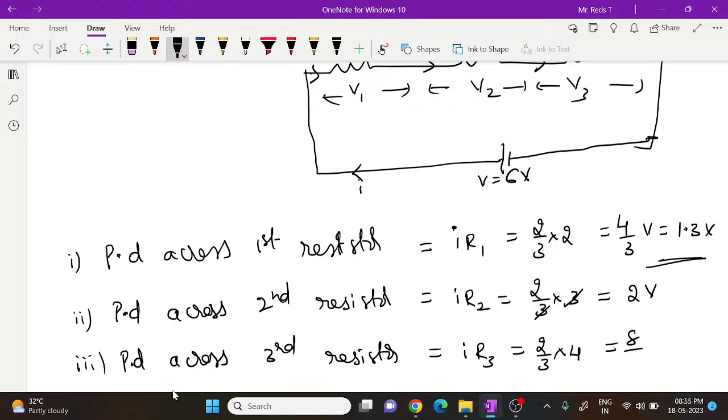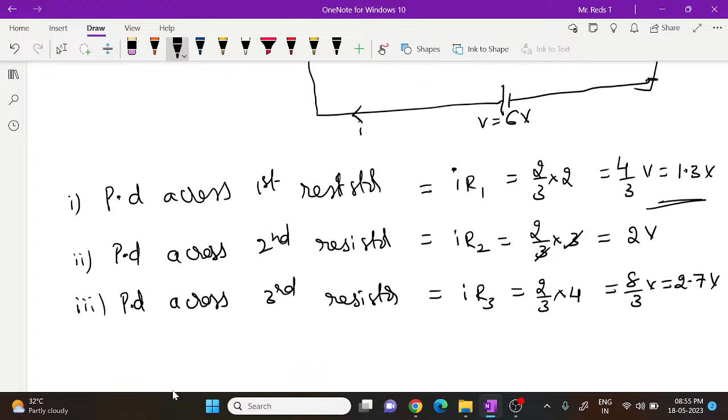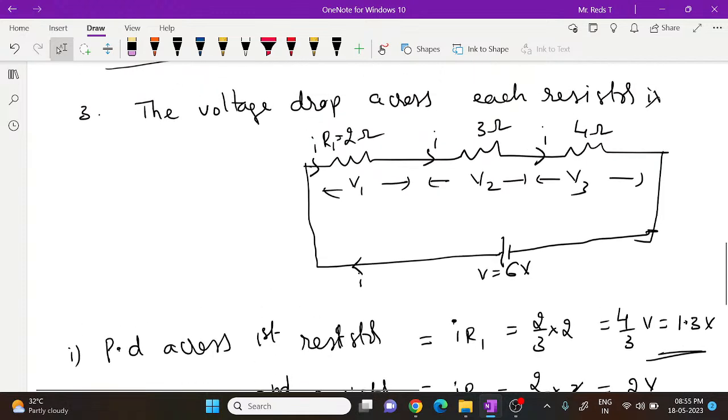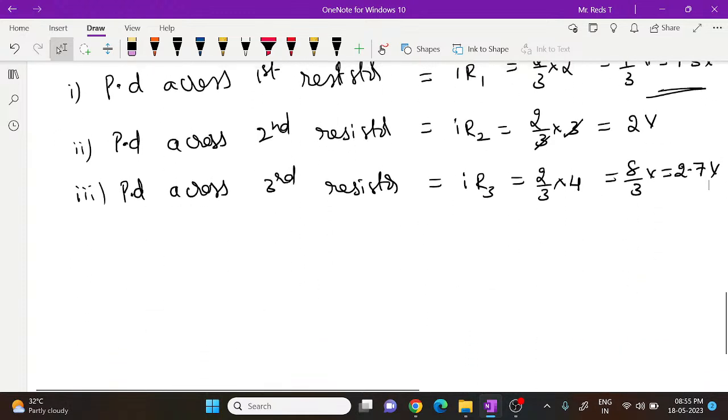So it is equal to 8 by 3 volt, which is 2.67 or approximately 2.7 volt. So this is how you calculate the potential difference across each resistor in a series combination of 3 resistors, guys. I hope it is clear for you.